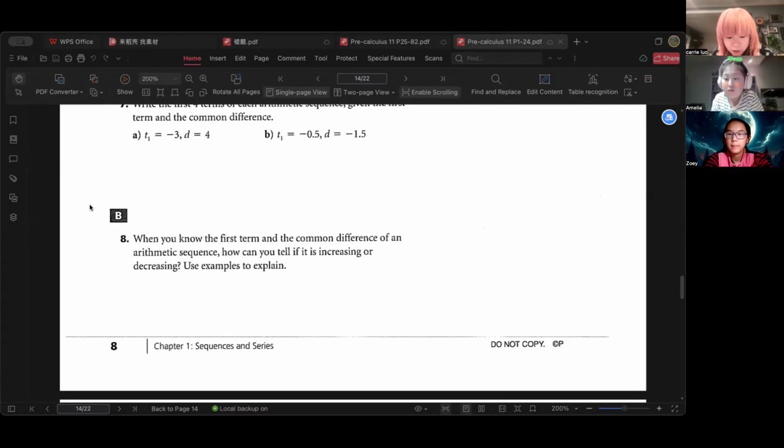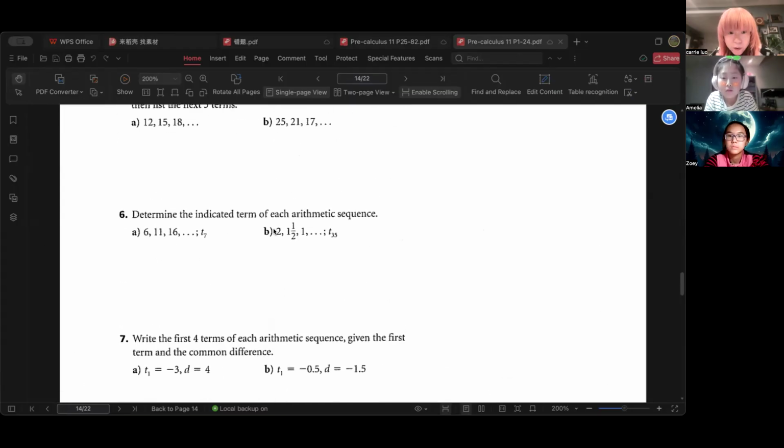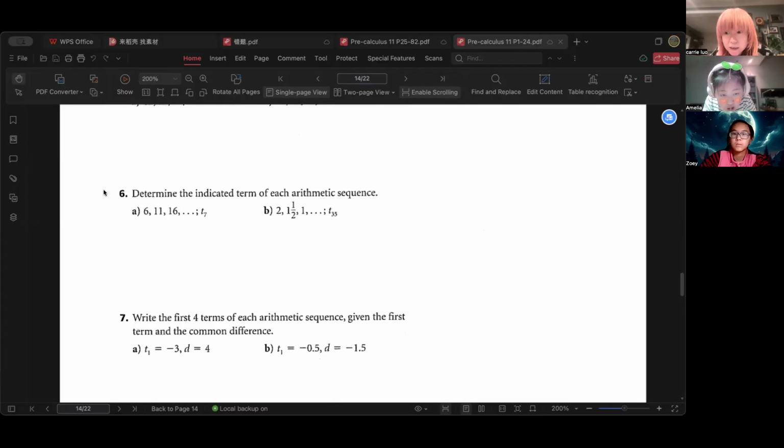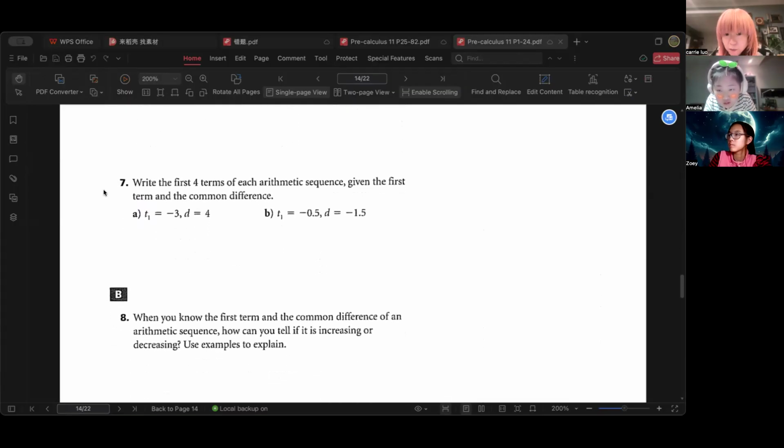I just mentioned it earlier, for number B. I said this is a decreasing arithmetic sequence because D is, what did I say? Negative. Very good. Smaller than 0.